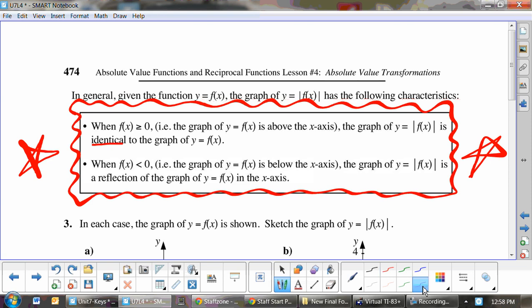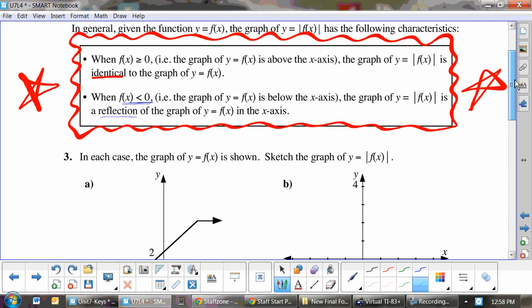Just like when we were looking at absolute value numbers, we know that the absolute value of 2 is 2, right? Okay? And then it says where the function is less than 0, so where the graph is below the x-axis, the graph of the absolute value is a reflection. Okay? So it's basically just saying that the only place where it changes is when f of x is less than 0.